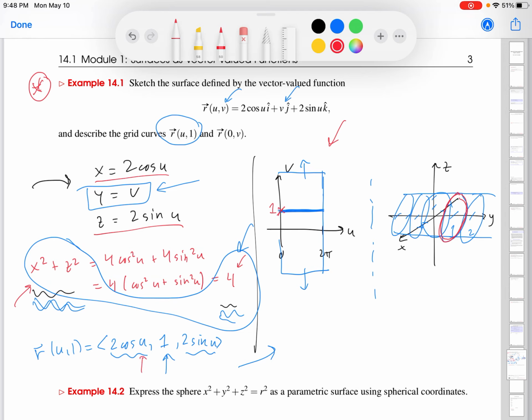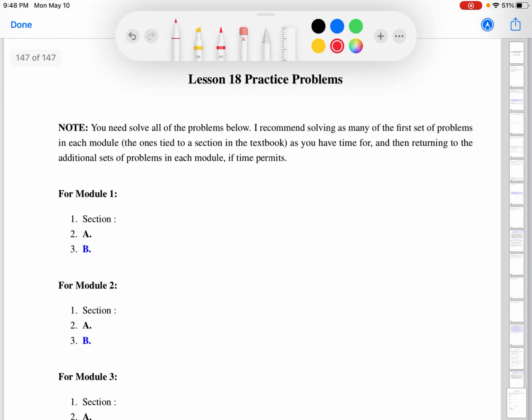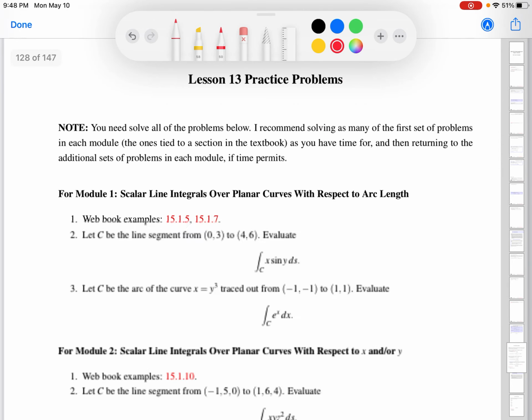Well, u equals 0, cosine of 0 is 1, so I'm at x equals 2, and sine of 0 is 0, so z equals 0. So I am over here. So this is the point that is mapped from the UV plane to this part of the curve.